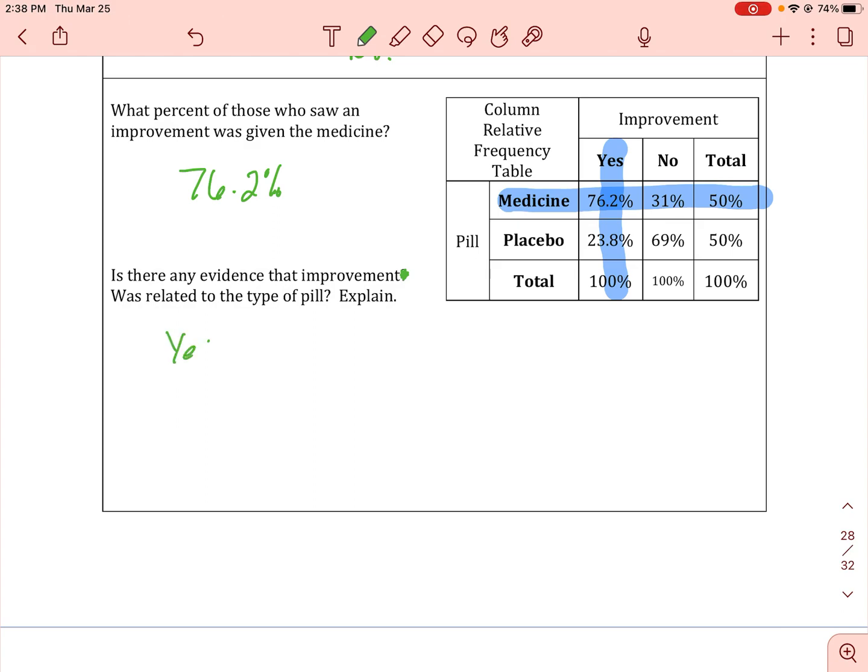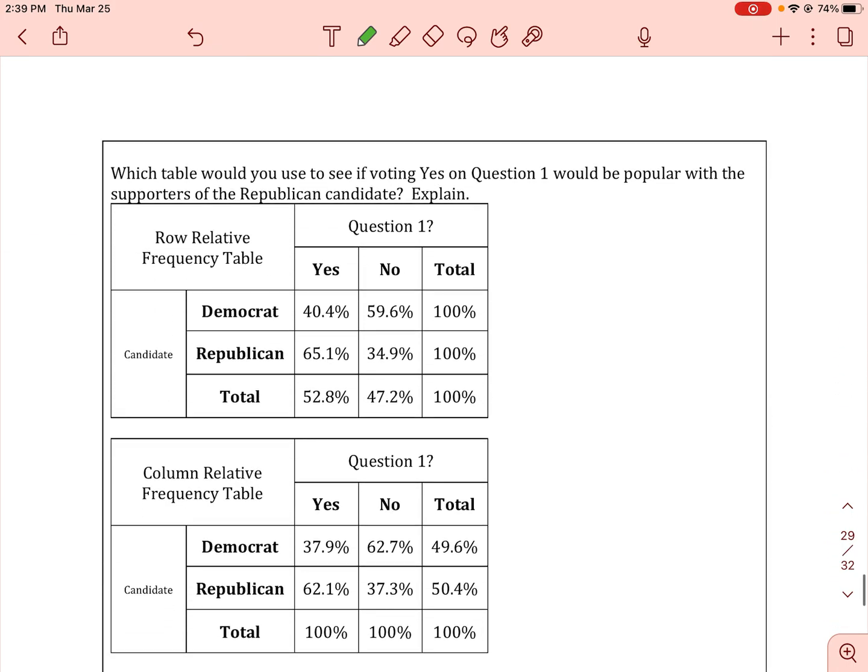And we are going to say yes again, because a higher percentage who saw improvement was given the medicine. So this was in respects to improvement, that frequency table.